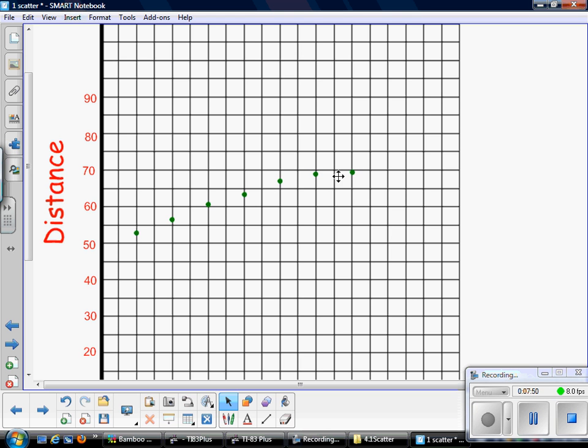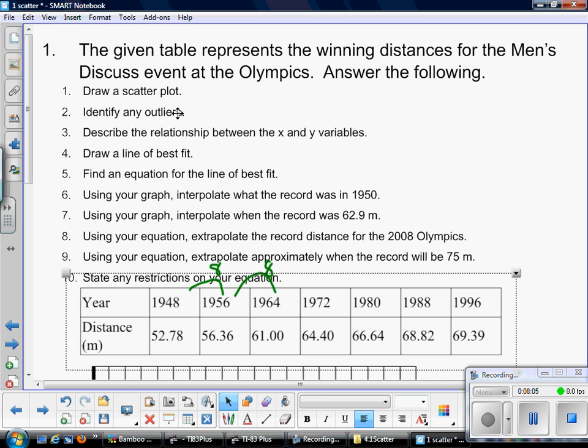Maybe this one, but it could be that maybe it's not linear. So let's assume it is linear. Maybe that one. There's nothing that sticks out in my mind that says, oh, it's really off. So the next part, do we have any outliers? None. So we're going to put the word none there.